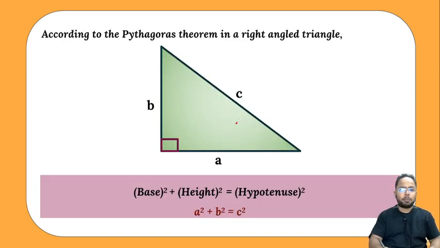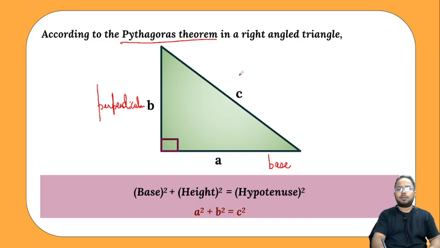So let's see what this theorem is all about. According to Pythagoras theorem, as we have just learned, if we have a right angle triangle, the bottom one is the base, this one is the perpendicular, and this one is the hypotenuse.